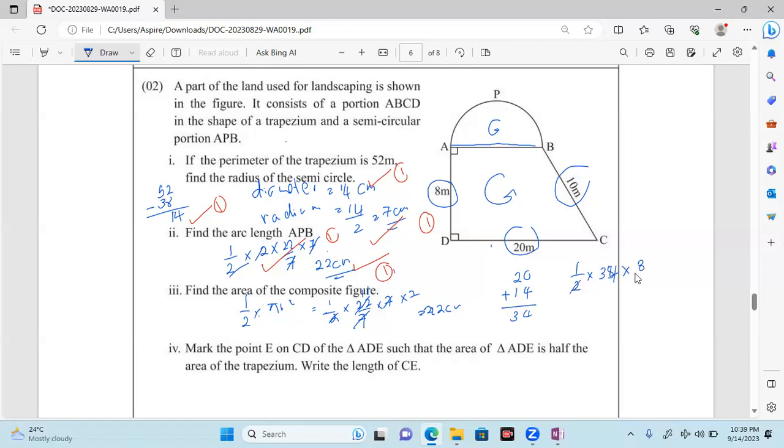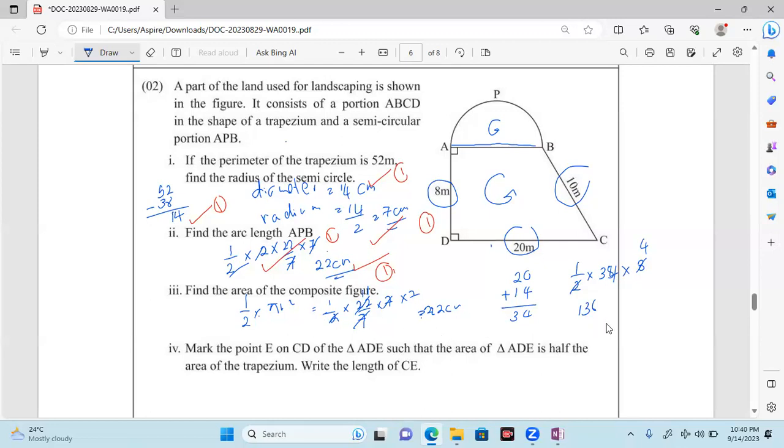Then 8 divided by 2, it's 4. Then 34 is multiplied by 4. It's 136.